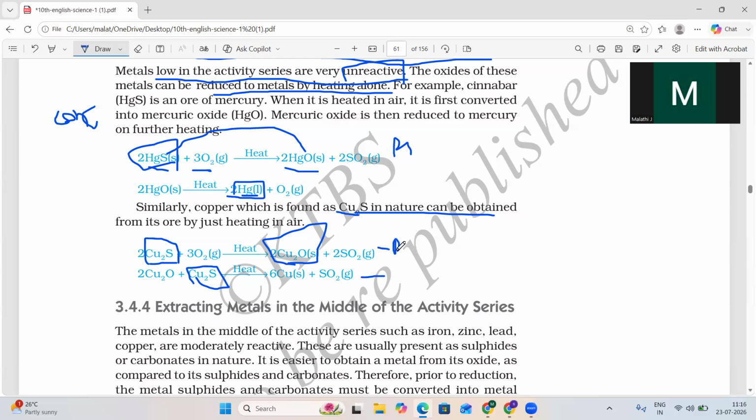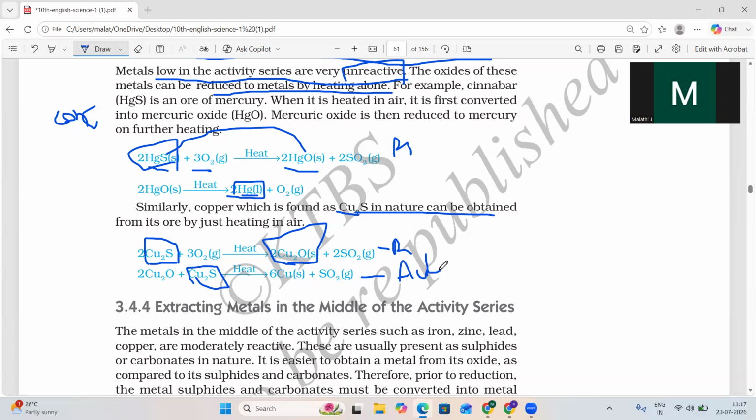So what is roasting? Converting sulfide ores to oxide by heating in the presence of oxygen is called roasting. This is auto reduction. So what is happening here? We are not using any reducing agent from outside.